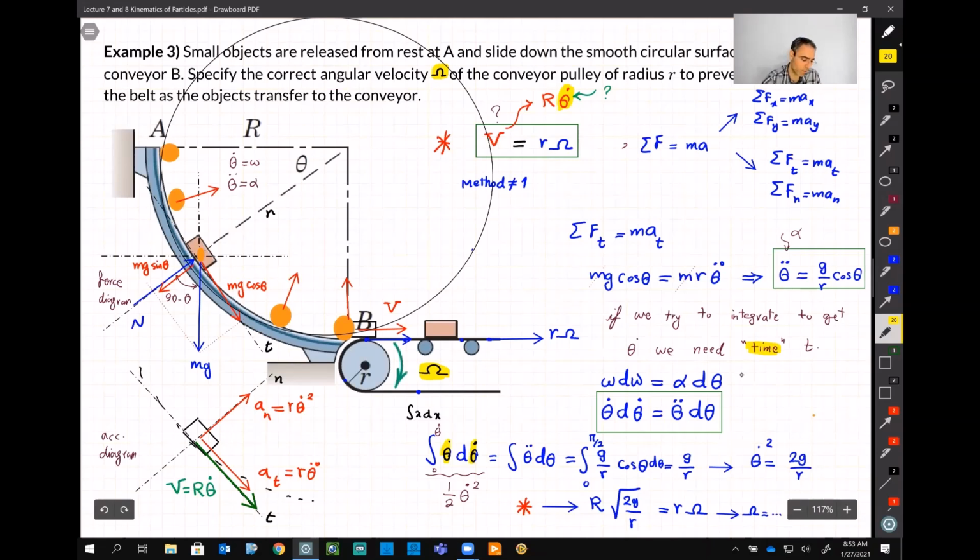And this is where we need this key formula. It is a formula that relates three things together without any need for time. It relates angular velocity, angular acceleration, and angle: theta, alpha, and omega.